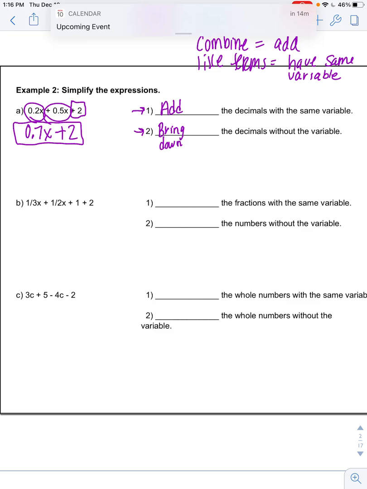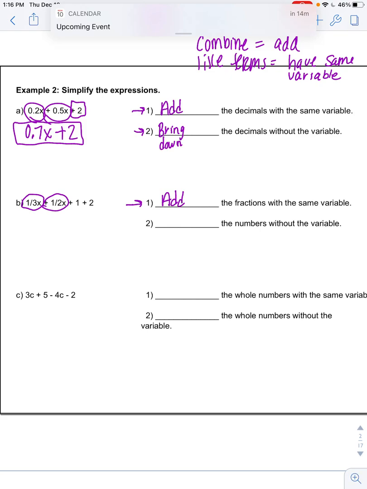All right? So let's take a look at your second one, dealing with some fractions. So, step number 1, blank the fractions with the same variable. So we have 1/3 x, and we have 1/2 x. They have the same variable, so we can combine them by adding.